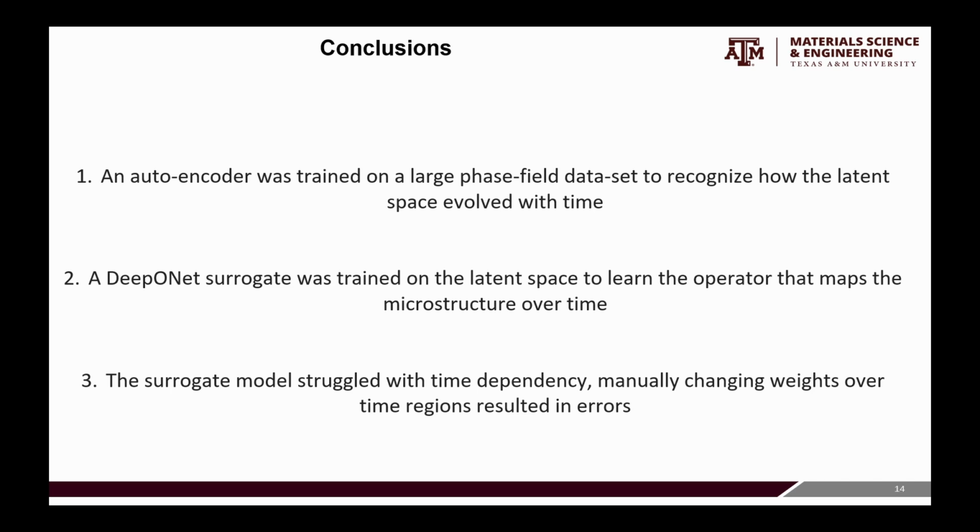So my biggest question from this paper is, how do we go forward with training the weights in a way where it can automatically determine, hey, we need to give more weight to this area and more weight to this area? One of my thoughts on that is perhaps for the trunk part of the branch network, the trunk part is the one that takes in the time, maybe have some sort of Gaussian distribution over the network itself.